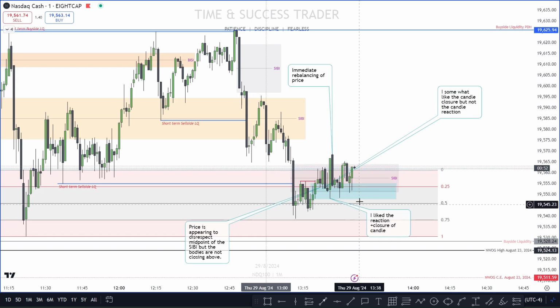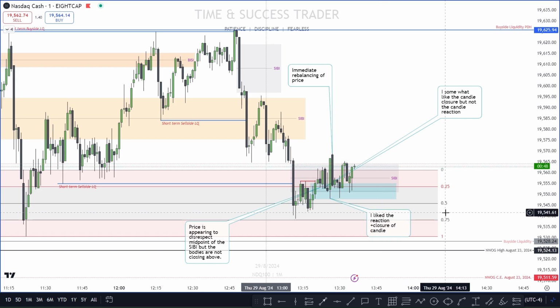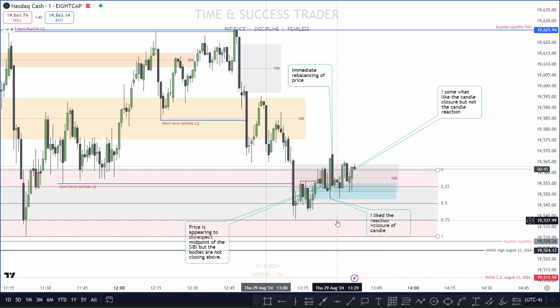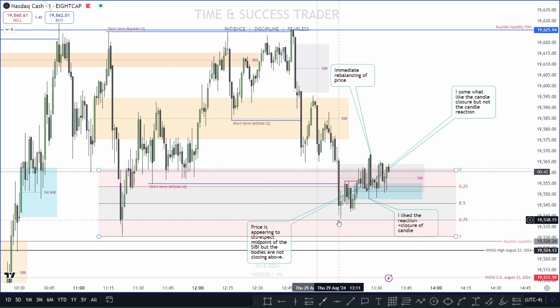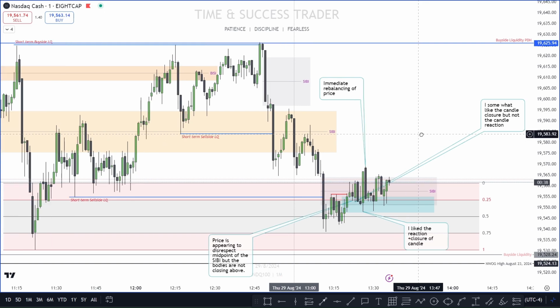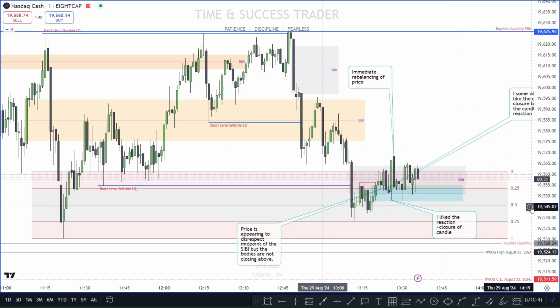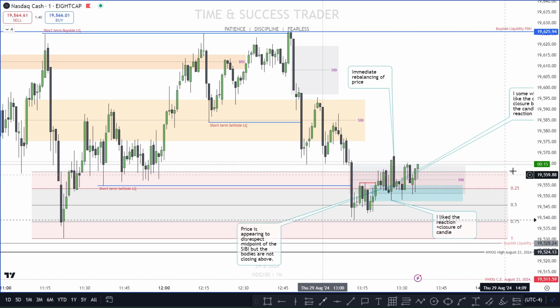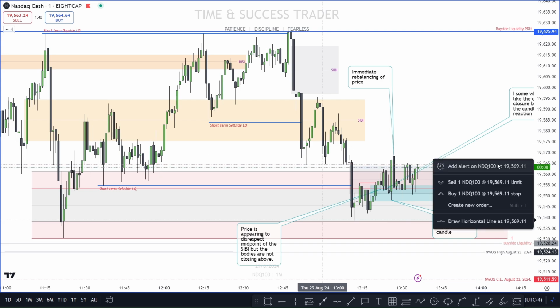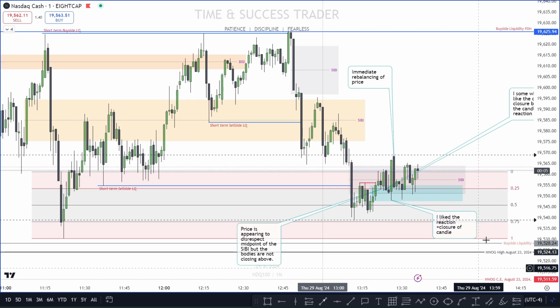I need to see we trade lower first if we are going to go for any buys. So we wait. We wait.